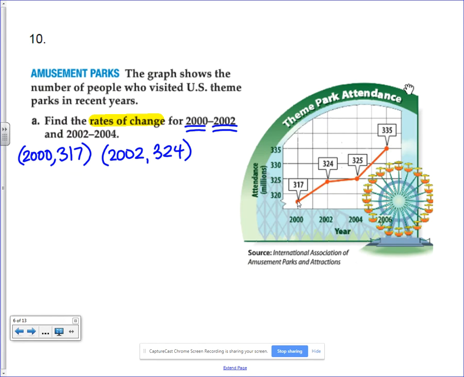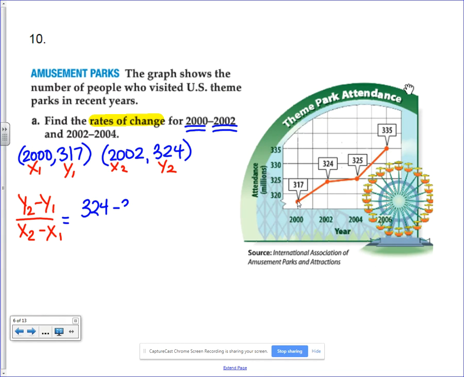Okay, so now I'm going to label them. And aren't we right back to where we were before, folks? We have just been doing the same thing over and over and over again today, haven't we? It's just being asked to you a different way in a different format. So, what's my y2?